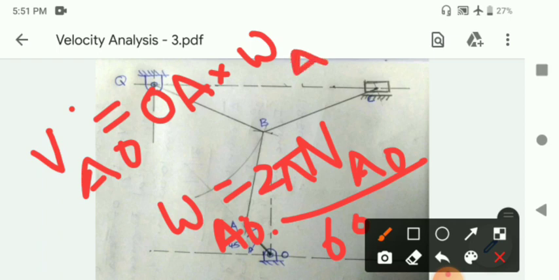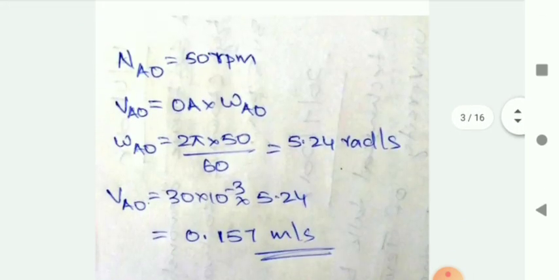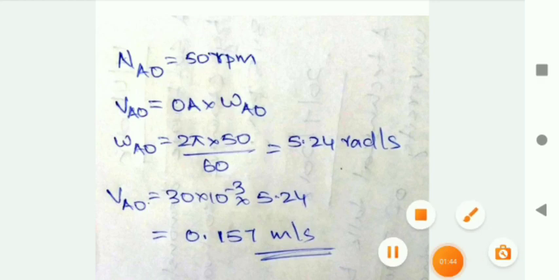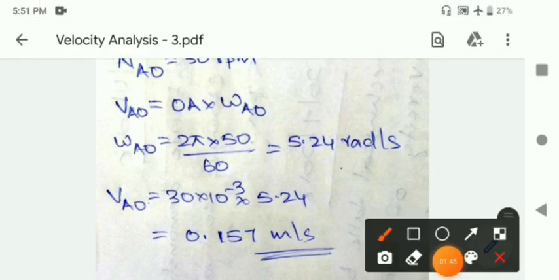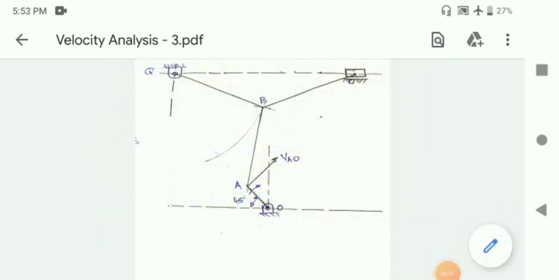From this you can find the magnitude of velocity of point A relative to O. That is what I have found here. You will get the magnitude of velocity of A relative to O as 0.157 meter per second.